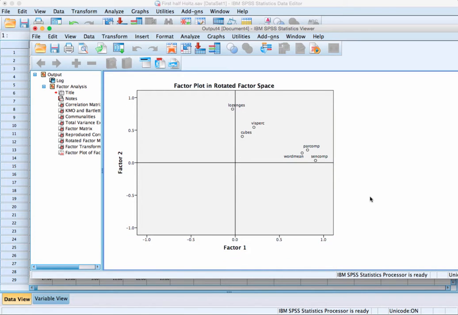And for factor 2, you could see how close to this vector these 3 variables are to that line. So you can imagine if these axes were moved this way, they would be further from the variables that they're representing. And so these axes are rotated so that they're closer to the variables, and thus making it much more interpretable in terms of which variables are loading on which factors.